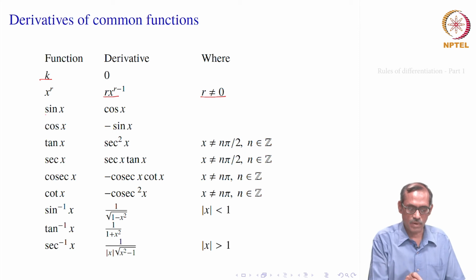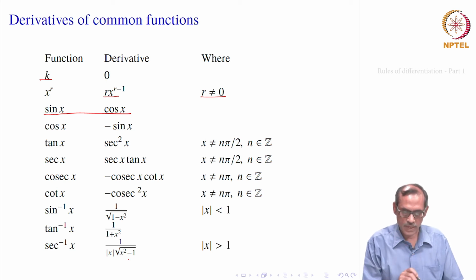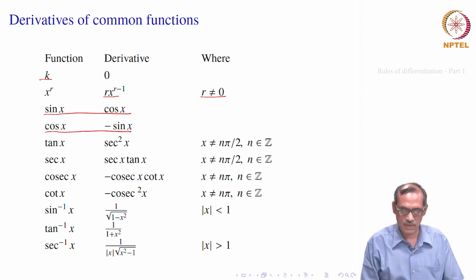Now, similarly, if we go, we will get sin x derivative equal to cos x. We have seen it in another problem, how to compute this. Of course, there you have to use limit x goes to 0, sin x by 2 by x by 2 is 1. Okay. So, derivative of cos x is minus sin x, that also we have seen earlier.